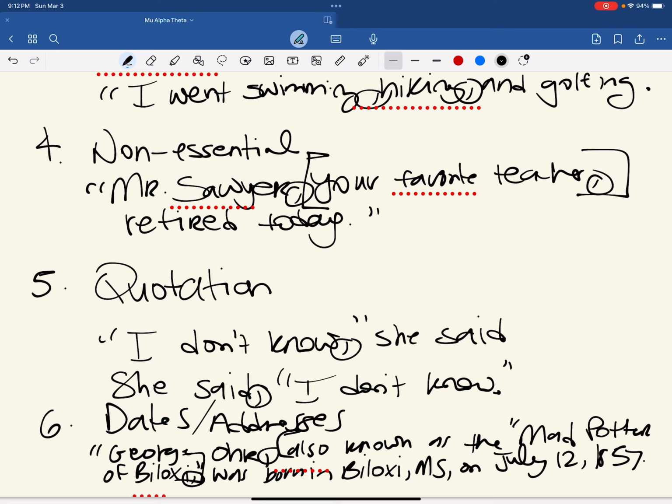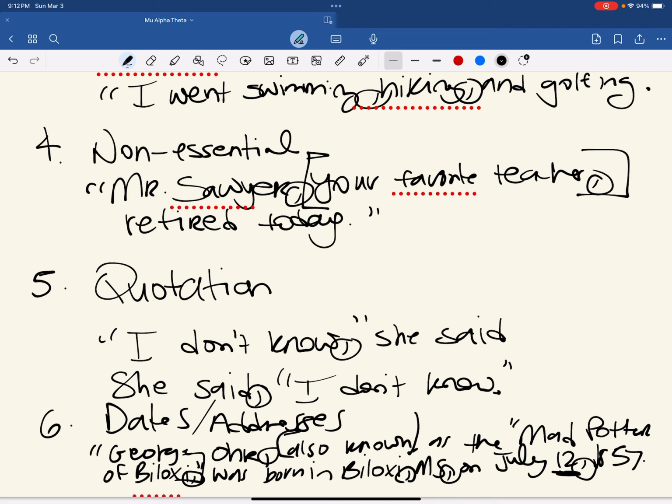So it's just George was born in Biloxi, comma, Mississippi, comma, on July 12th, comma, 1857. So you do need a comma between the city and state, and then here also, and then after the day right here.